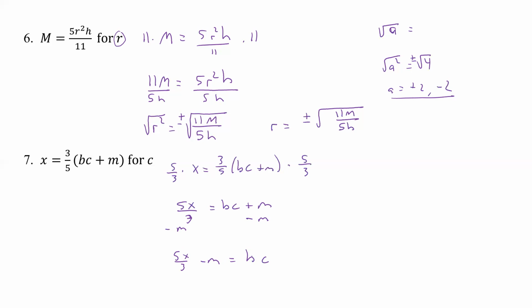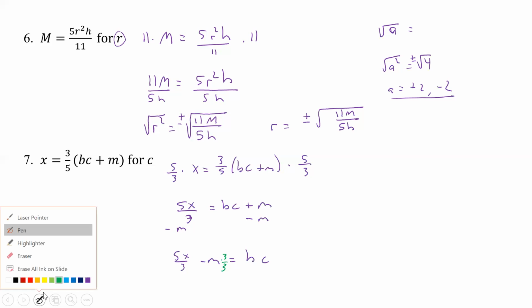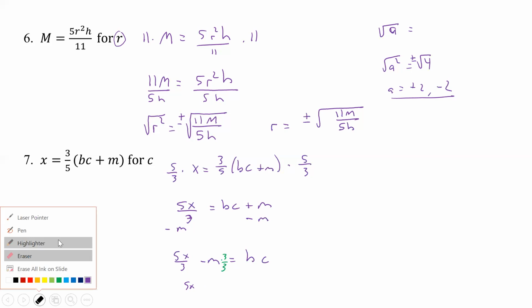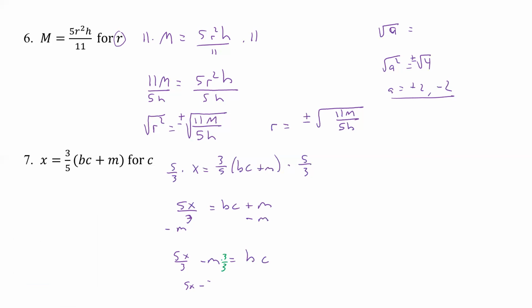Now here, we're going to have to multiply by 1 over b. I think we should probably go ahead and get a common denominator, which is going to be a 3. So to represent that, we're going to multiply by 3 over 3 to show we're getting that common denominator. And that's going to give us 5x minus 3m all over 3 equals bc.